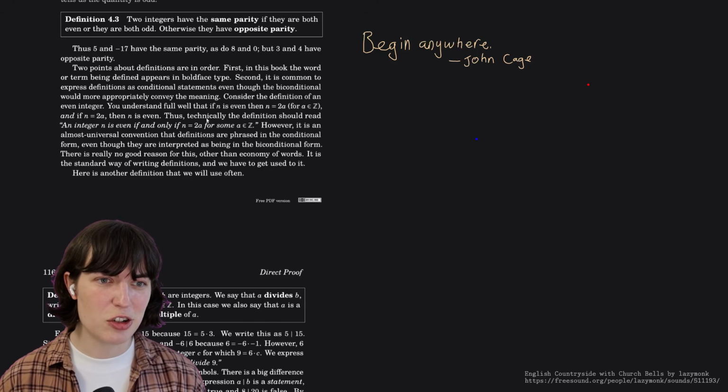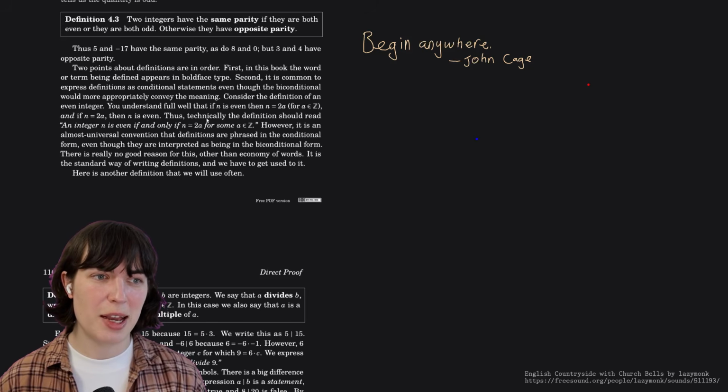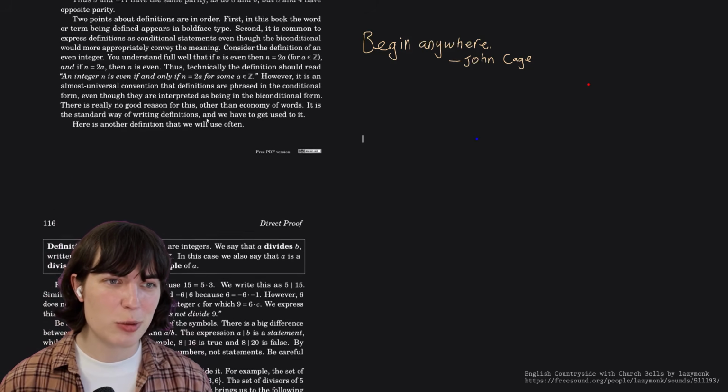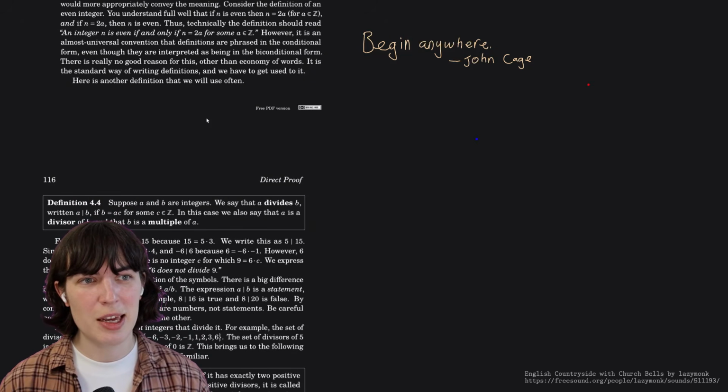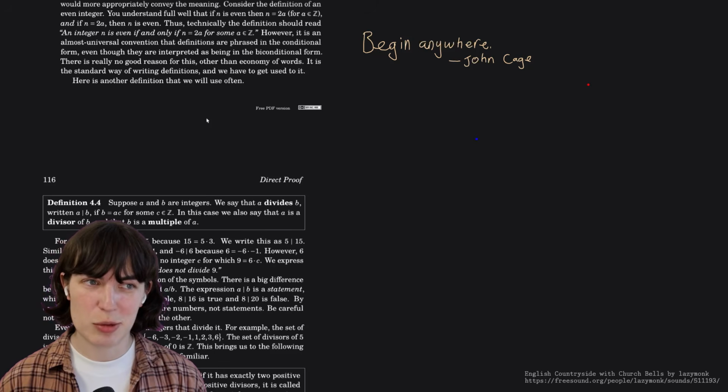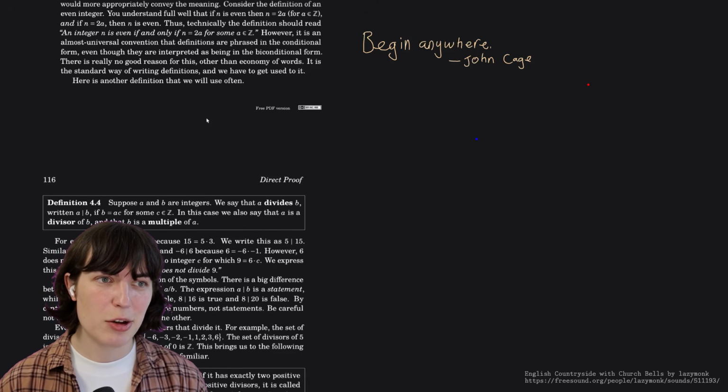Thus, technically, the definition should read, an integer n is even if and only if n equals 2a for some a in the integers. However, it is an almost universal convention that definitions are phrased in the conditional form, even though they are interpreted as being in the biconditional form. There is really no good reason for this other than economy of words. It is the standard way of writing definitions, and we have to get used to it.